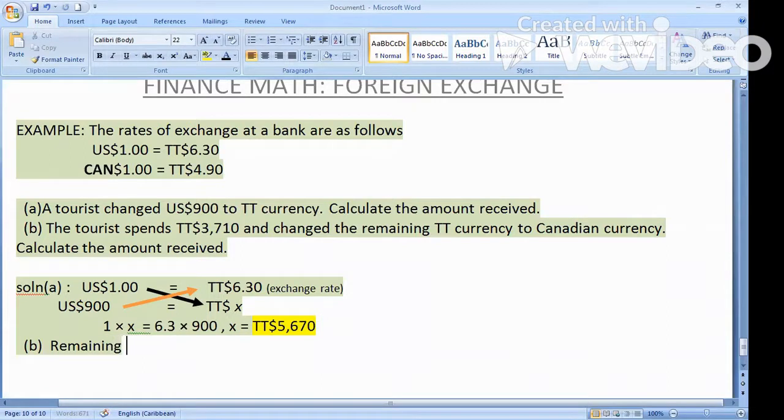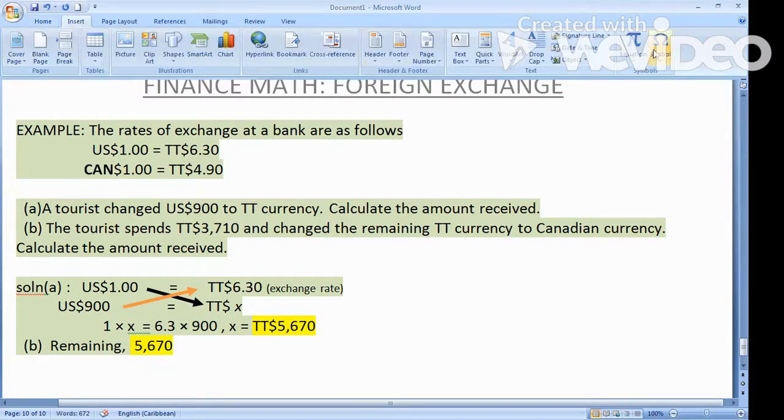So the money remaining: 5,670, subtract 3,710.